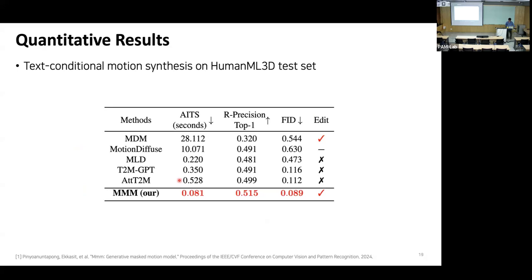This model is also at least 2 times faster than autoregressive motion models, such as T2M-GPT and AttT2M, and faster than the diffusion-based models by about 2 orders of magnitude.